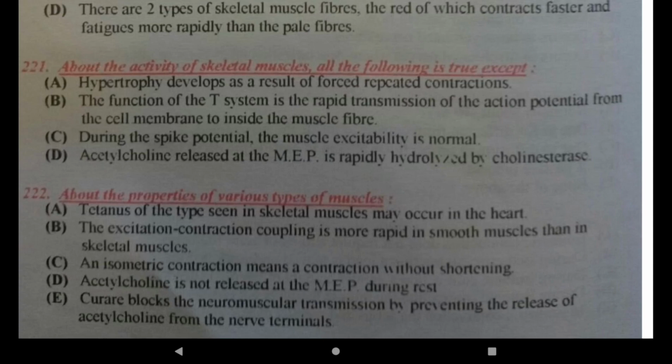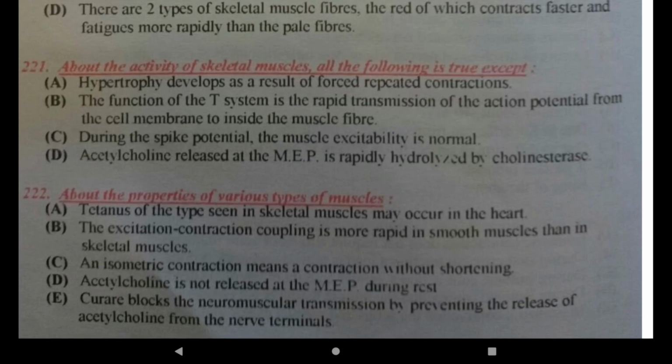D. Acetylcholine released at the MEP is rapidly hydrolyzed by acetylcholinesterase. So what is the wrong answer? The wrong answer is C.